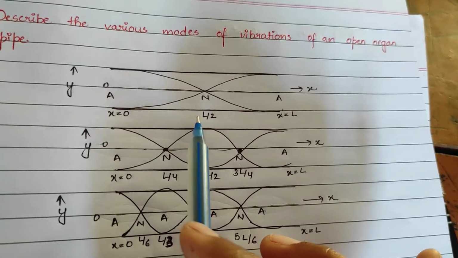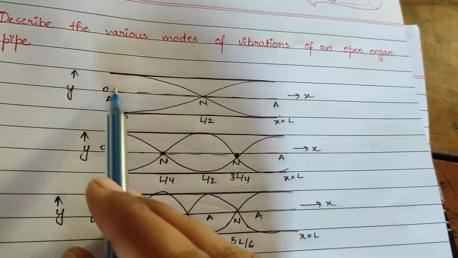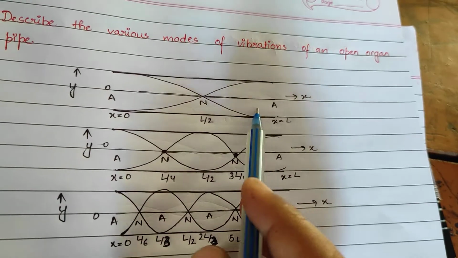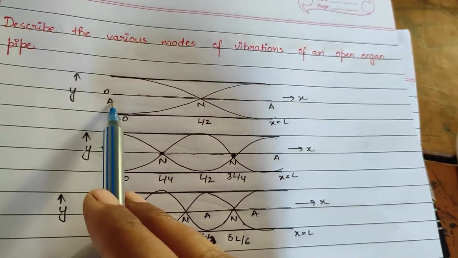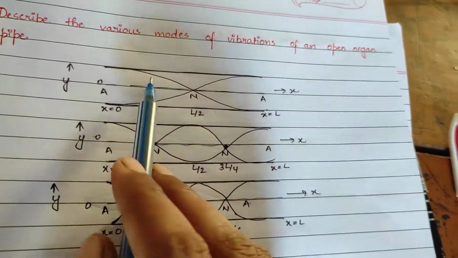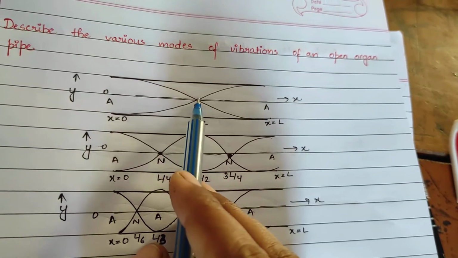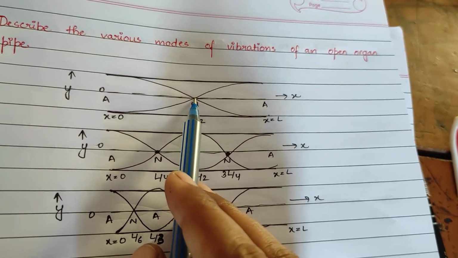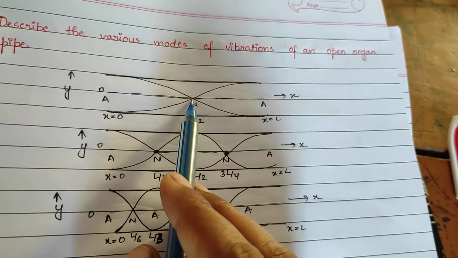So at both ends there will be maximum displacement, hence antinodes will be produced there, whereas at the middle a node is present where displacement is 0.